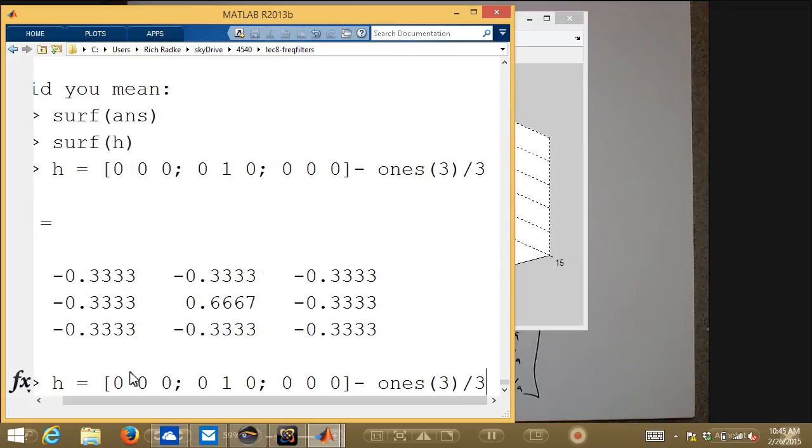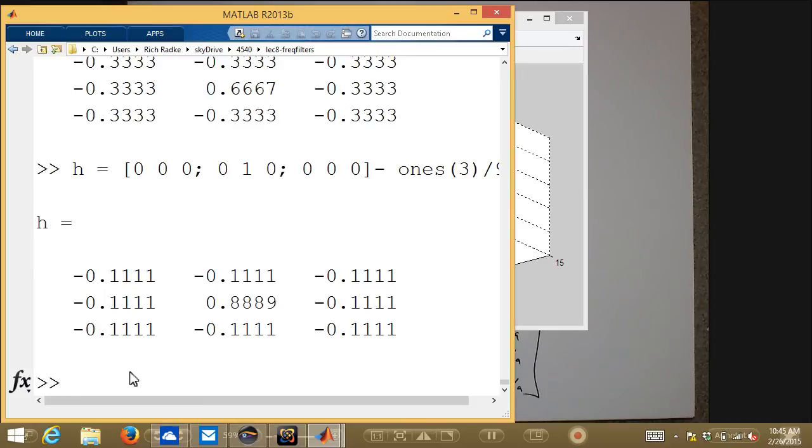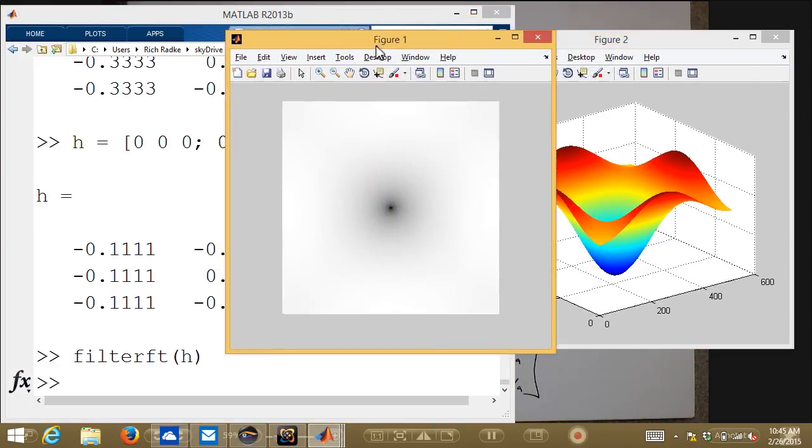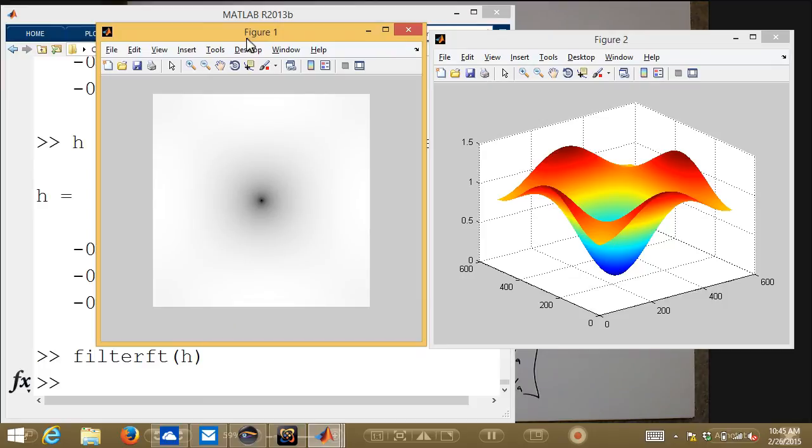Here's my, oops, I don't know why I keep wanting to divide by 3. Here's my high-pass filter, and now I look at the Fourier transform of that. Here, this is dark where it's small and white where it's high. So here's a flat rendering of it, and here is a 2D rendering of the surface.